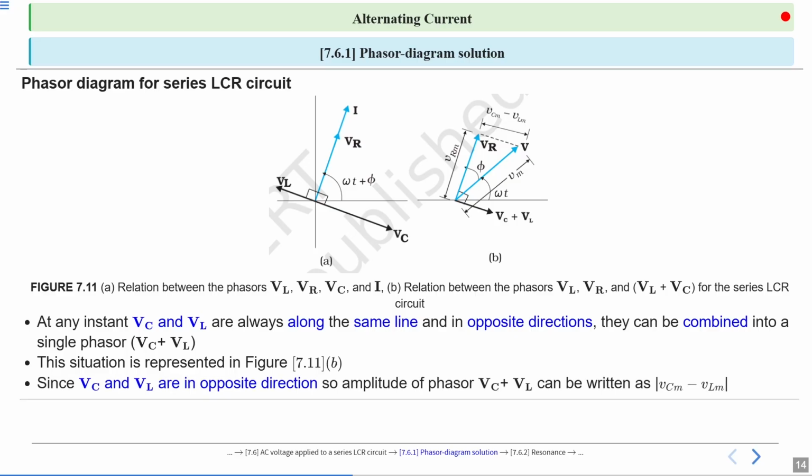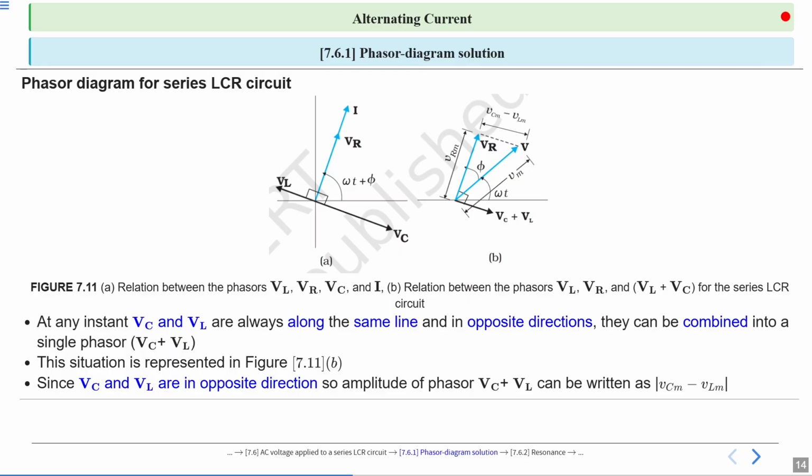Since VC and VL are in opposite directions, the amplitude of the phasor VC plus VL can be written as VCM minus VLM. Okay, so this is the vector form VC plus VL, but we are actually subtracting their maximum values. This is the vector representation. We have combined them and applied a positive sign.